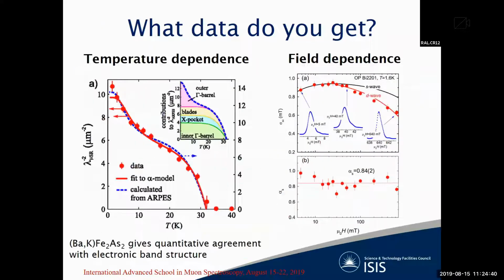This decay parameter is related to the penetration depth of the superconductor, so you can track it by measuring this signal as a function of temperature. You can then track your decay parameter and the penetration depth indirectly from that, and plot it against temperature. Now this lambda, or decay parameter, is also related to the superfluid density of the superconductor, and that gives you an indication of the gap opening in your superconductor.